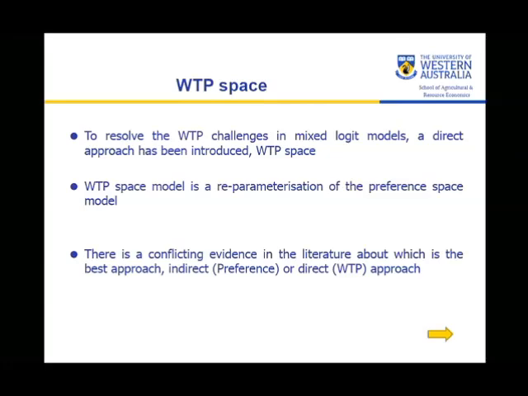And such estimation procedure is what we call willingness to pay space. That is WTP space. And it is nothing but restructuring your preference space model to be such that the estimates that you get are willingness to pay estimates.